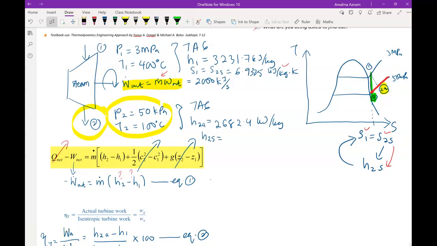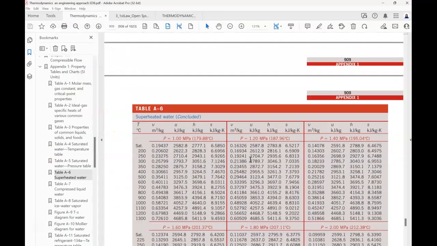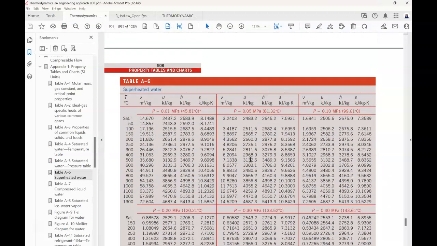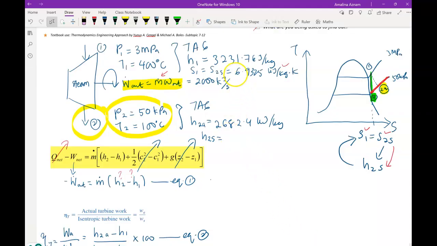So let's have a look at your property table over here, where we go to 50 kilopascal or 0.05 megapascal, but we are not focusing on this 100 degrees C. We look at the value of S. At 0.05 megapascal, the value of S that you have is 7.5931, whereas the one that you are concerned with is 6.9235.